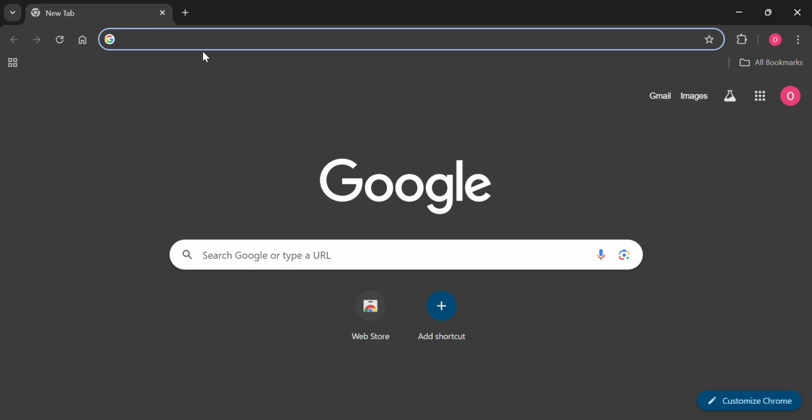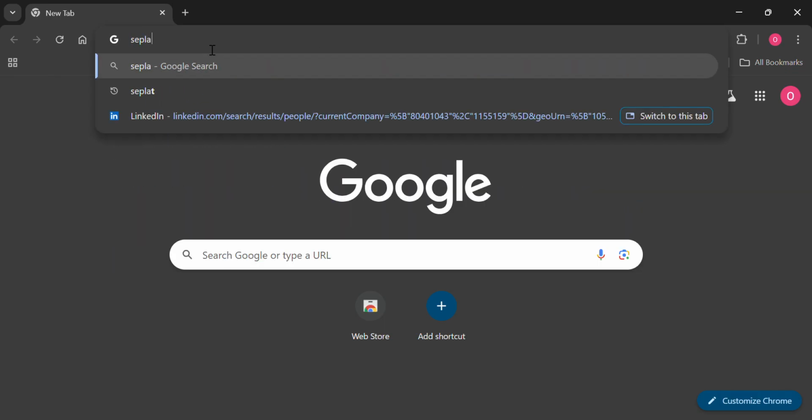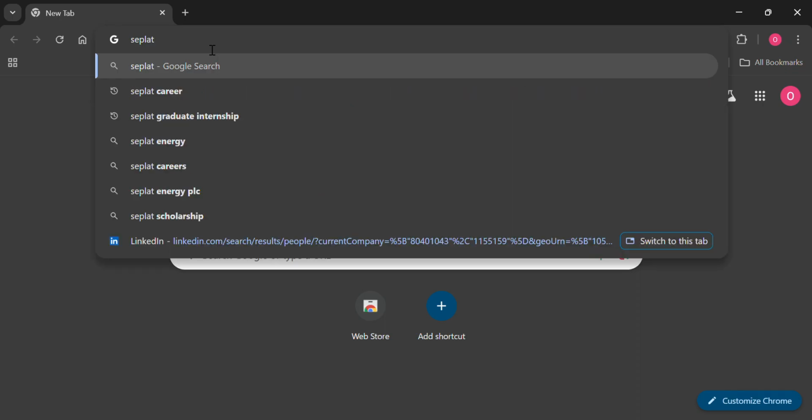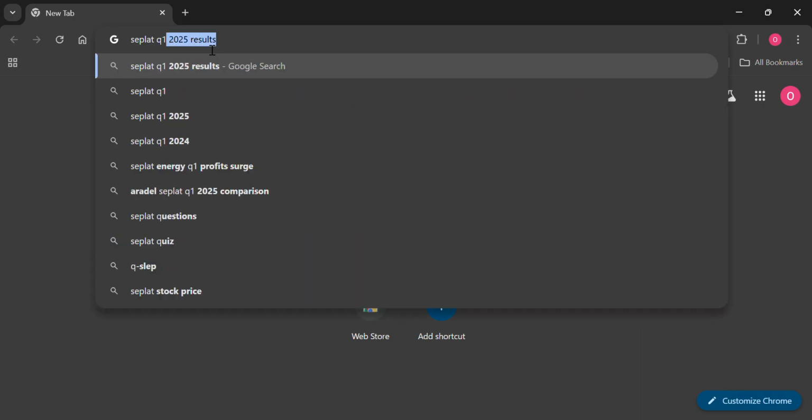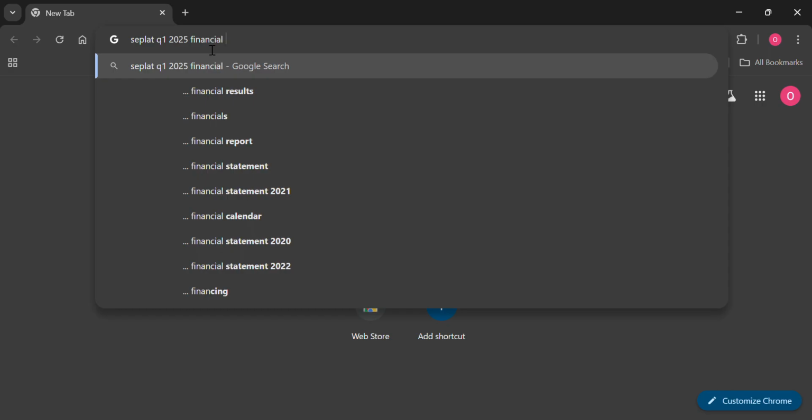So first off, you have to know the financial statement of which company you would like to analyze and how you can get it. If you don't have any presently, you can just come to Google and check. Let's say you are interested in Seplat, Q1, that's quarter 1 2025 financial statement.